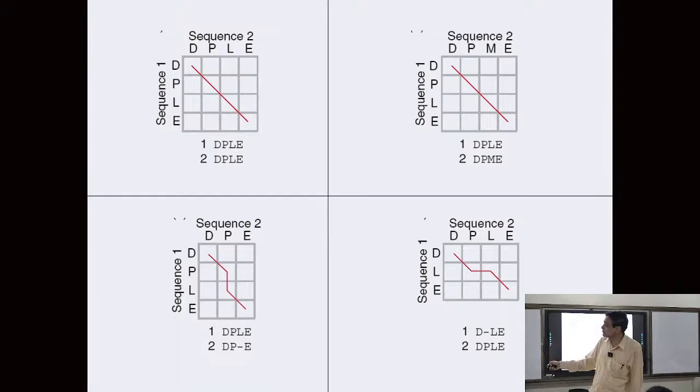This is represented by a vertical line in the matrix. And then E aligned to E, which is a star here, you come diagonally in the matrix.